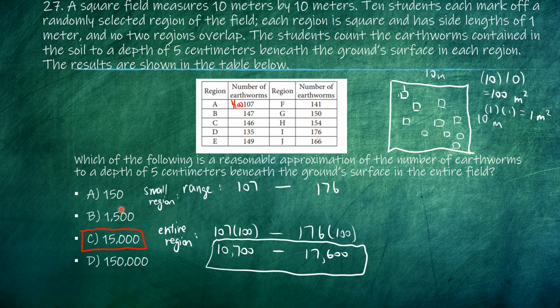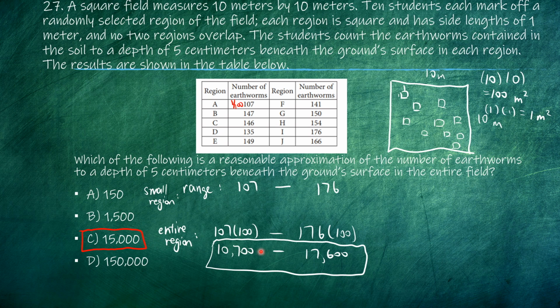And the only answer that has this number included is answer C. Answer C is approximately inside this range, and we know this is the smallest possible number of worms that in theory could be found in this entire region, whereas this is the largest.